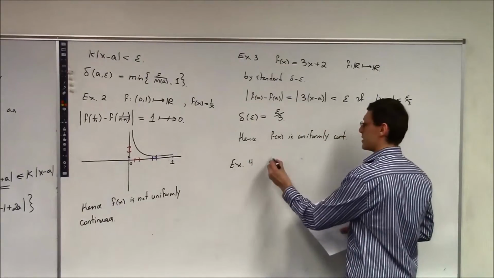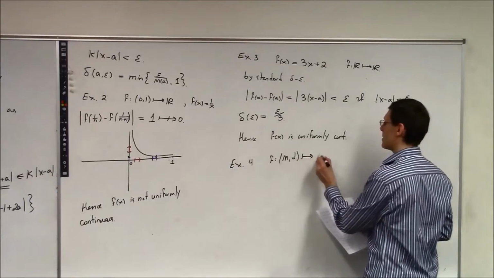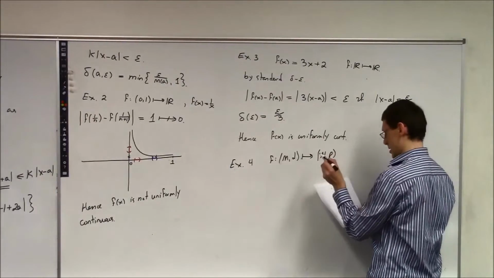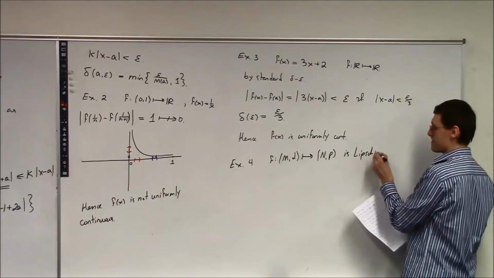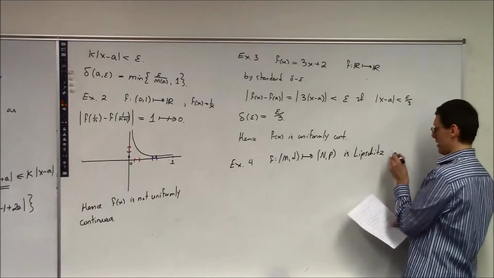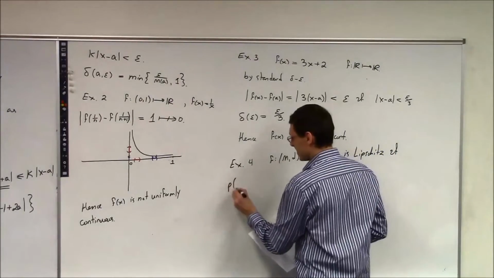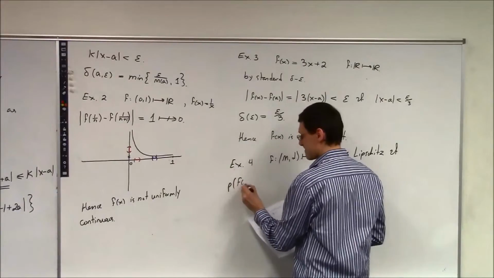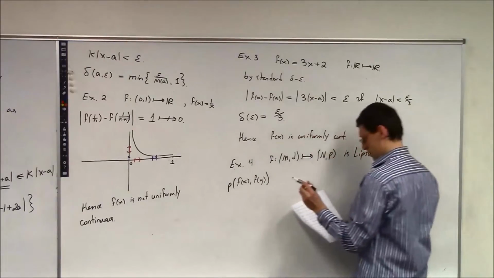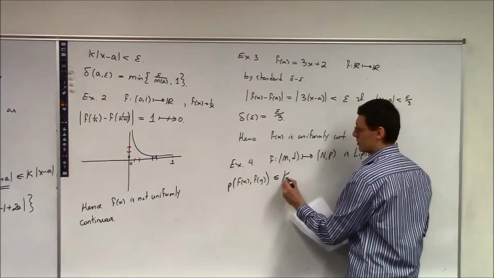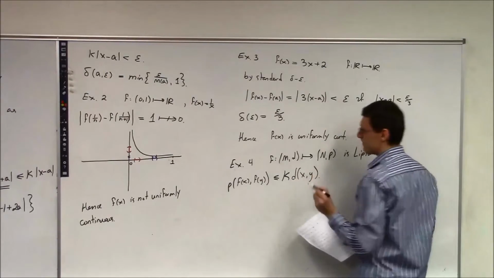If I take a function f from (M, d) to (N, rho), this function is called Lipschitz if rho of f of x, f of y is less than or equal to some constant k times the distance from x to y.